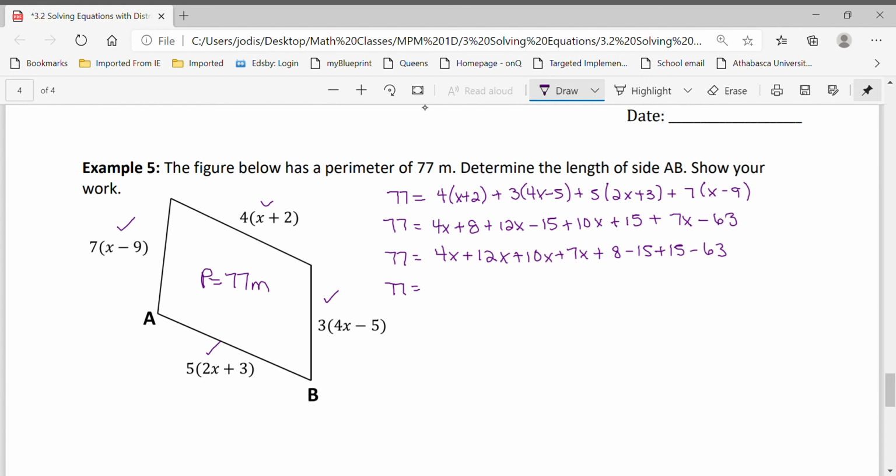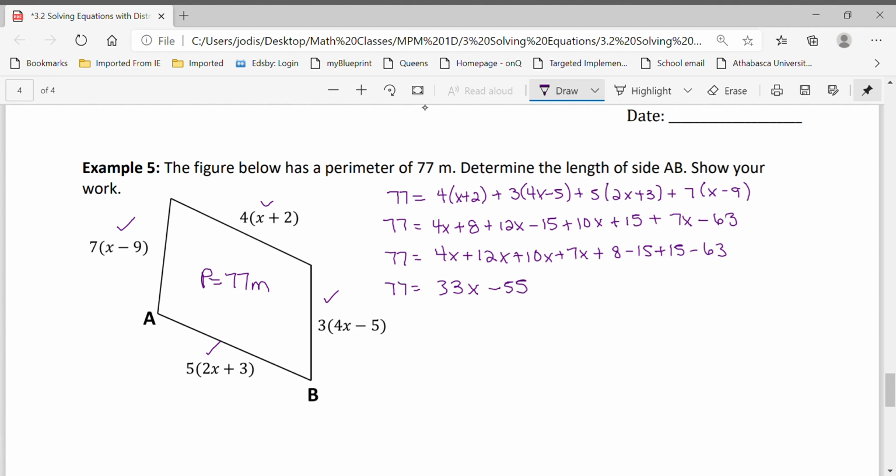So we've got 4 plus 12 plus 10 plus 7 is 33x, and then 8 minus 15 plus 15 minus 63 is negative 55. All right, that's a little easier to look at. Now, this is 77, even though it doesn't look like it.